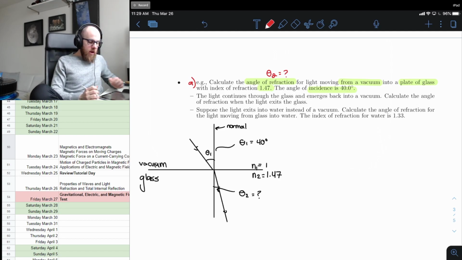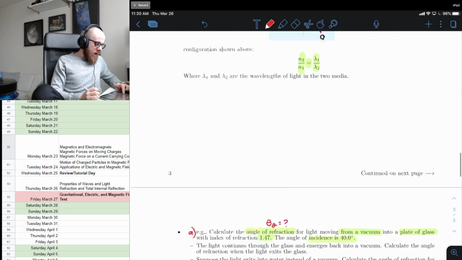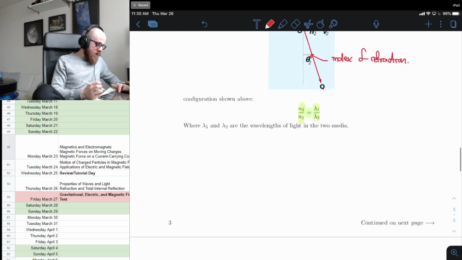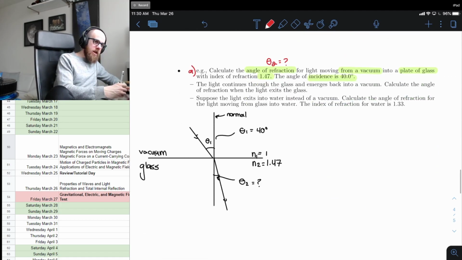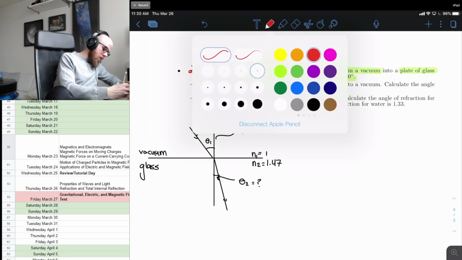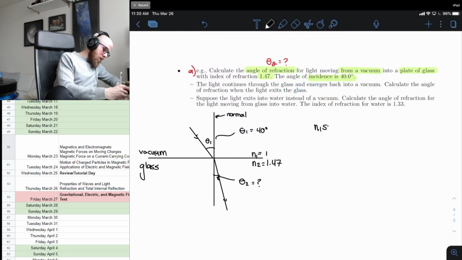For this, we are just going to apply Snell's law. N1 sine theta 1 equals N2 sine theta 2. All right, I'm going to rearrange this for theta 2. So I get N1 sine theta 1 over N2, and then the whole thing is inverse sine.